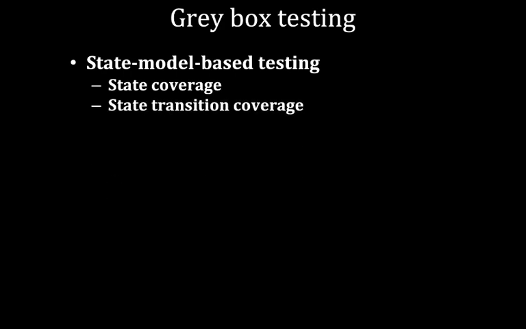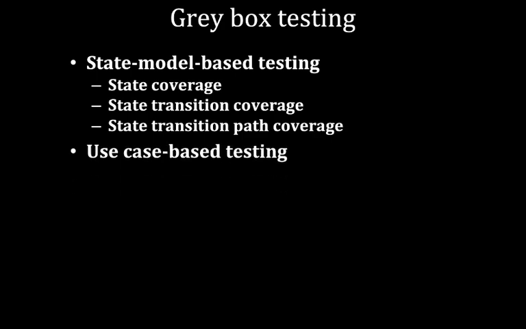Then there is state transitions coverage, where we check whether all transitions in the state model are working satisfactorily. We have already seen state transition diagrams. So we'll check whether all those state transitions are working perfectly. Then there is state transition path coverage. Here all the transition paths in the state model are tested.